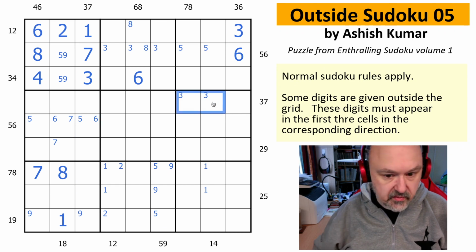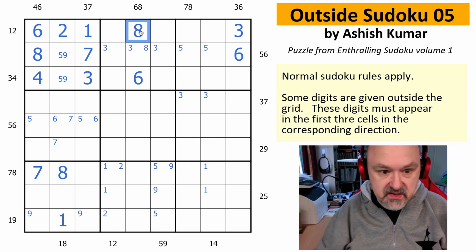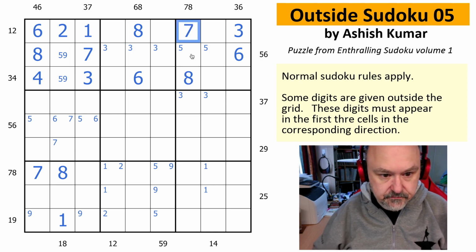Three is in one of those two. We already had the 9 restricted. This 8 is looking at this 8, so that's the 8 and that is not the 8. 7 is in one of those two, except that has to be the 8, so that's the 7.